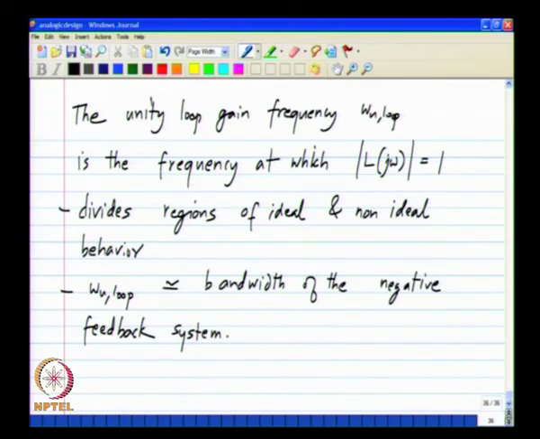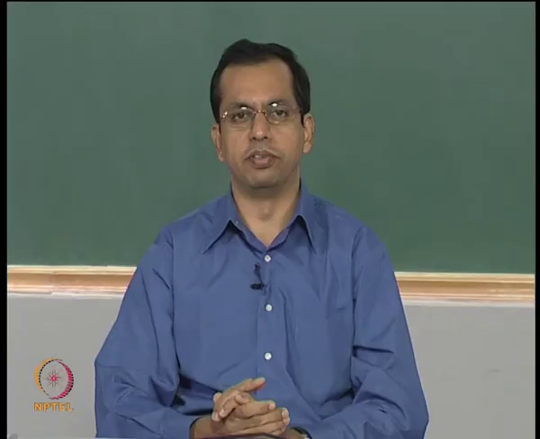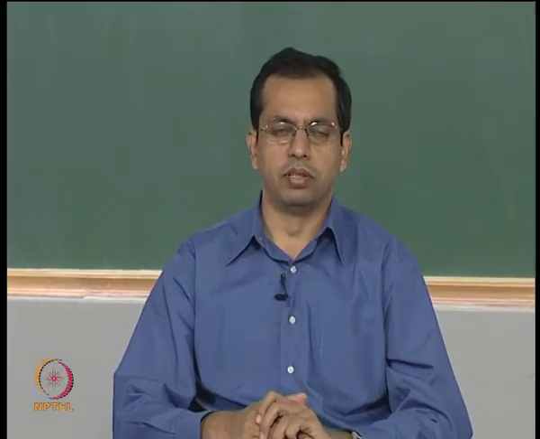For the system that we have considered so far, it is equal to omega u by k. We already know that omega u by k is the bandwidth of the system, and k by omega u is the time constant of the time domain step response. So, we will come back to this later when we do the stability analysis.